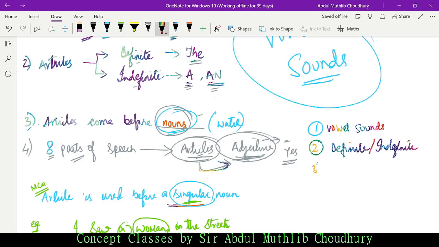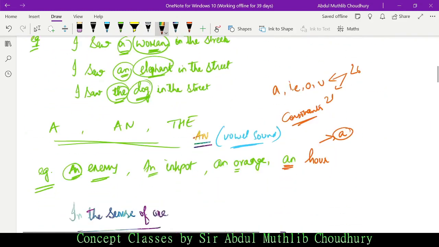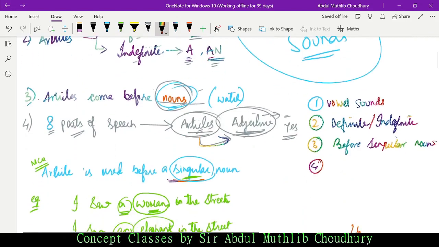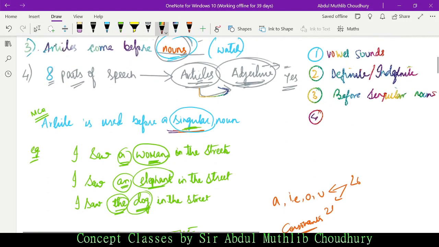Again, an article comes before a noun, but what noun? Singular noun, or nouns. So this is all about the concept of vowels.